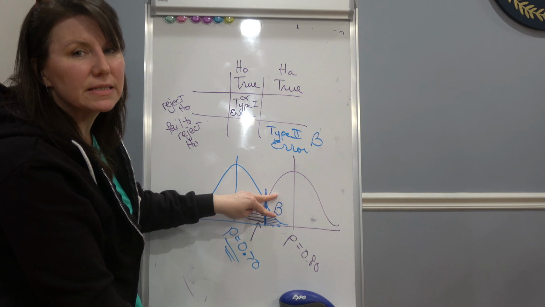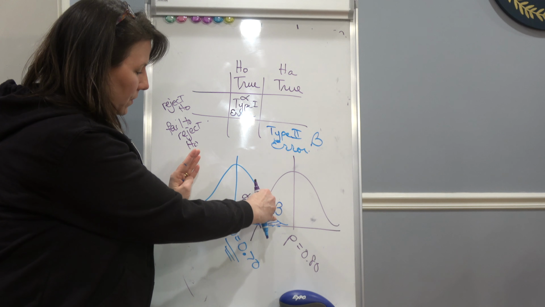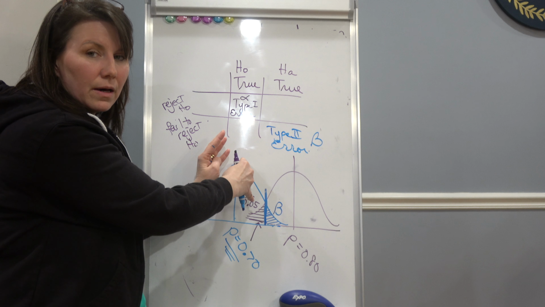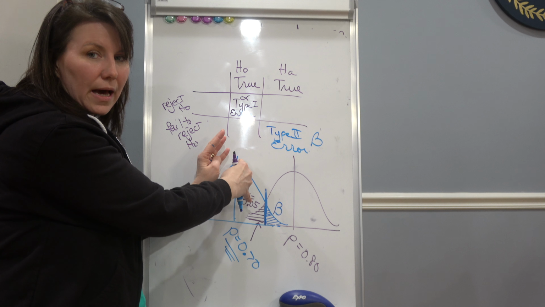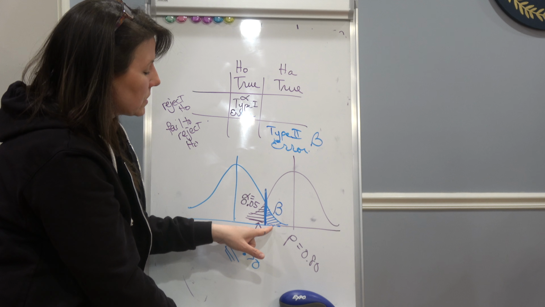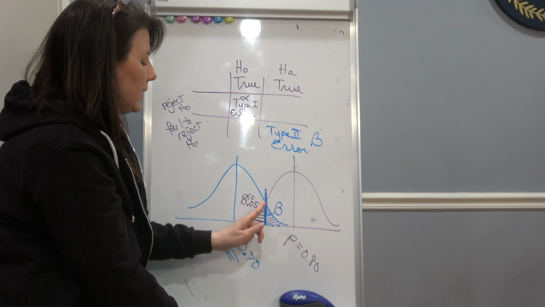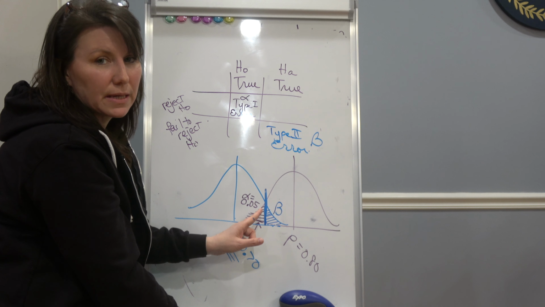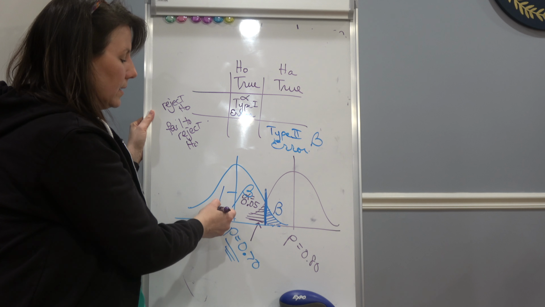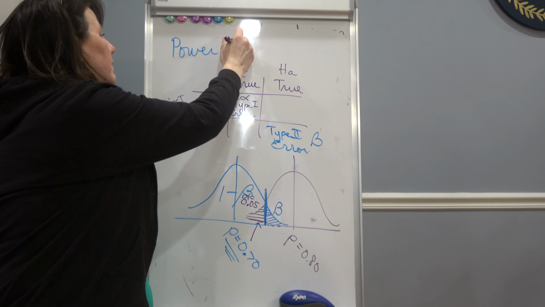But if I don't want to increase alpha, there's one other thing I could do. If I pull this curve in, that would decrease the standard deviation, so I could increase the sample size. So if a type 2 error is worse, then I would increase alpha or increase the sample size. That's going to make this area here, this 1 minus beta, even bigger. We call this 1 minus beta the power of the test.